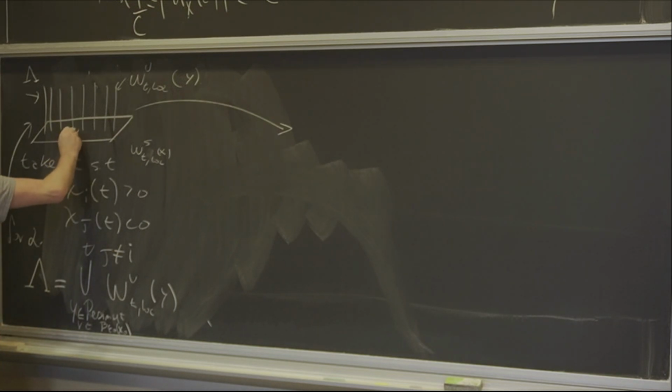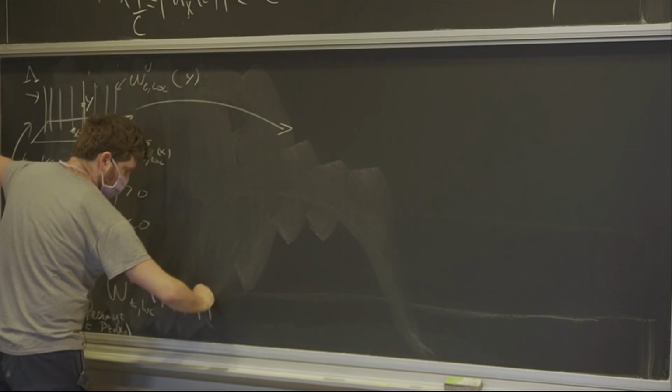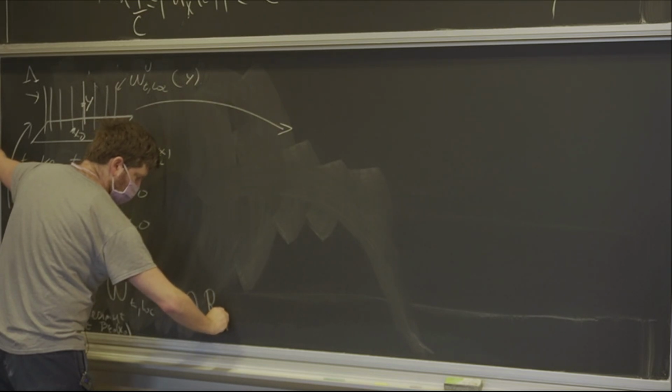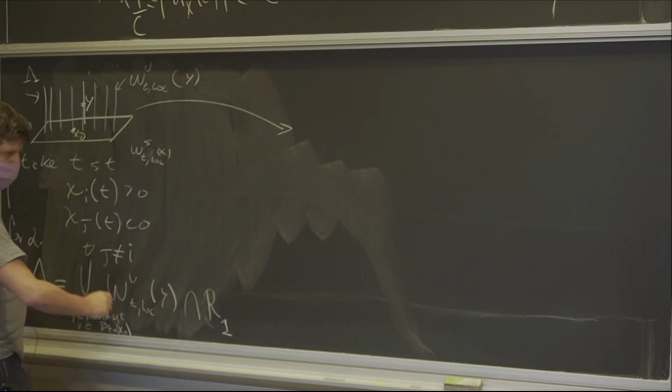Okay, there is the point x naught, there is y, and here is what we are taking. This I can intersect actually with this set R1 complement. Wait a second.